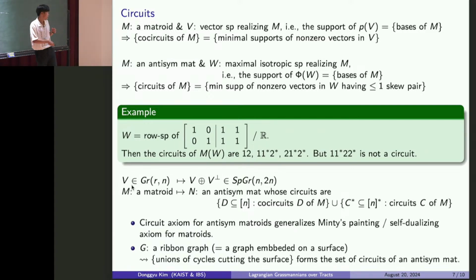If you consider the union of cycles which minimally cut the surface, then this forms an antisymmetric matroid. And here I lie a little bit, but we should consider the partial dual and the Petrie dual as well. Okay.